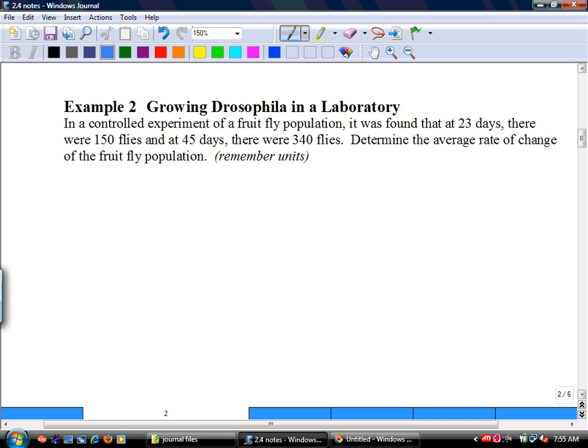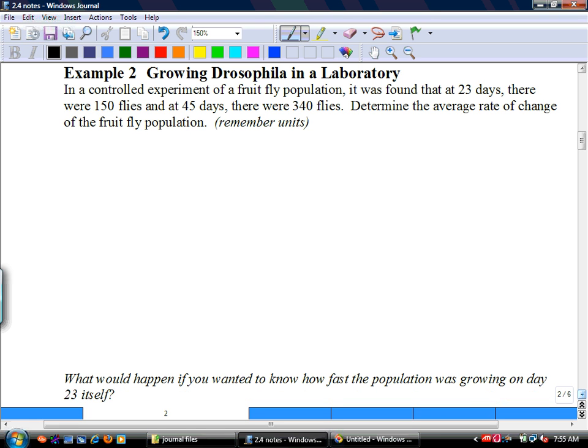So, in a controlled experiment of a fruit fly population, it was found that in 23 days there were 150 flies, and in 45 days there were 340 flies. What is the average rate of change of the fruit fly population? I'm just going to draw a sketch.